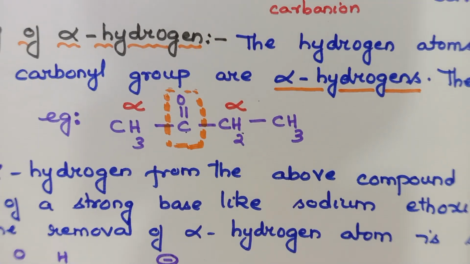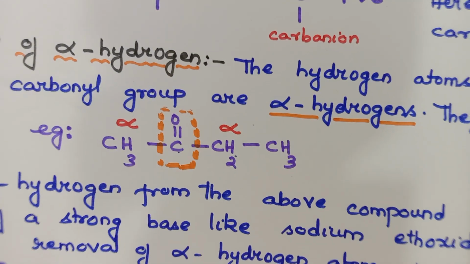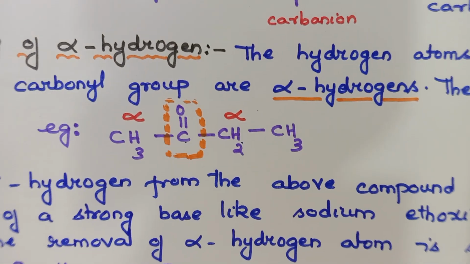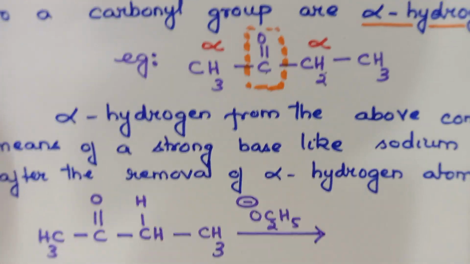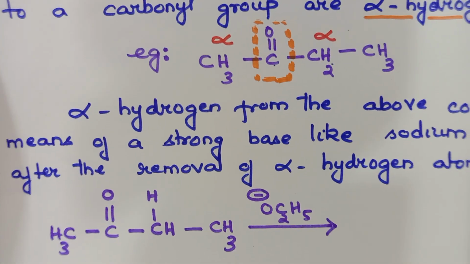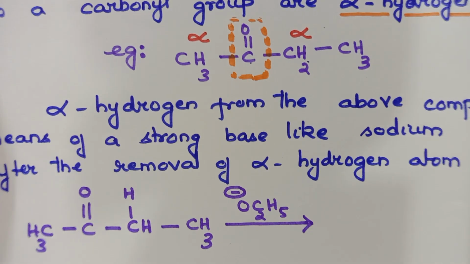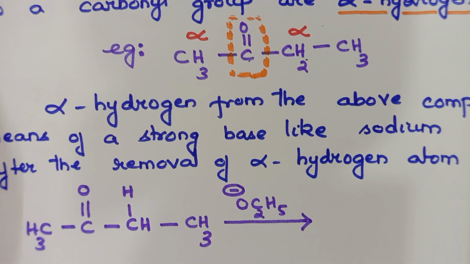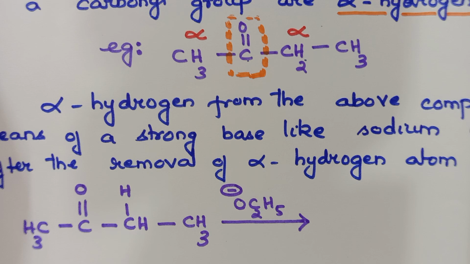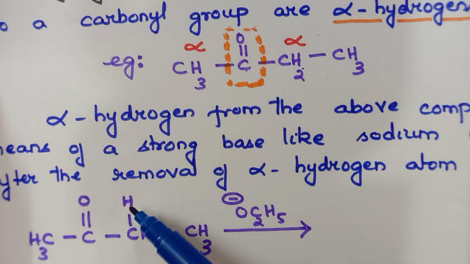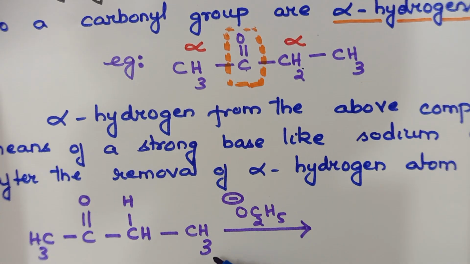Kindly pay attention. Below this paragraph, write down the above compound, students. What is the above compound? CH3, C double bond O, CH2, CH3. What I did here is that one of the alpha hydrogens I have shown separately: CH3, C double bond O, CH2 I did not write, and one hydrogen I have written separately, CH3.